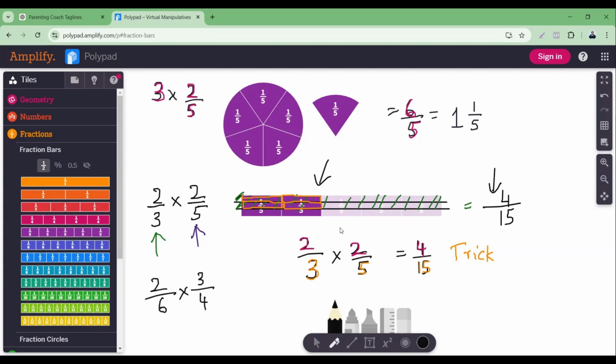You can use rectangle blocks and things like that, and find out the answer. Because as math champions, we don't just understand, we try to do things on our own also. That is the way we learn math. Math is not learned by just hearing or knowing. Math is learned by doing. So go ahead and do it, and I'll see you in the next video. Bye-bye.